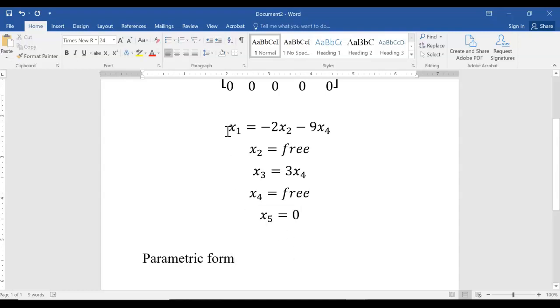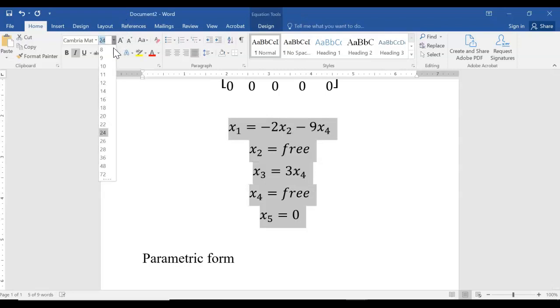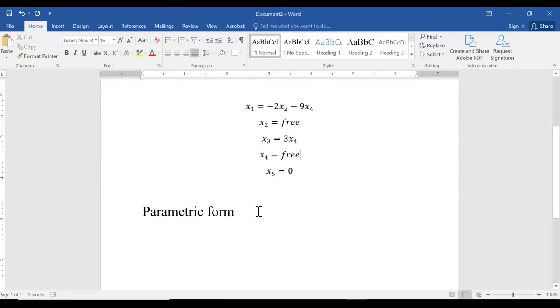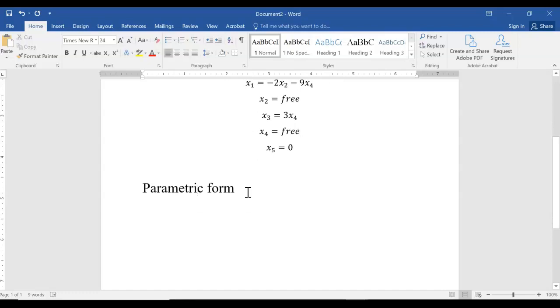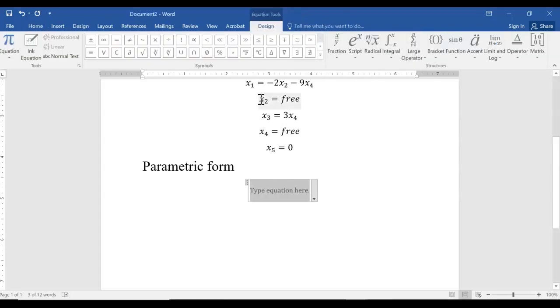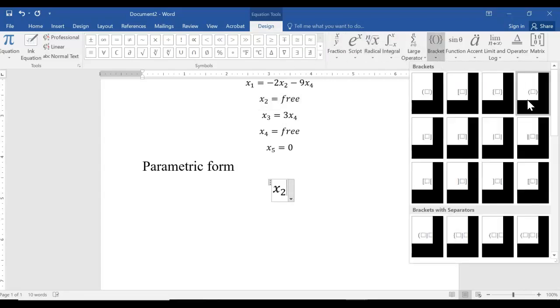This might get a little bit squashed on me, so let me make that slightly smaller. There we go. Hopefully you can read that. But the parametric form, since we have two free variables, we're going to end up with a parametric form with two vectors. One of them is going to have coefficient x2, so we're going to have x2 times some vector.